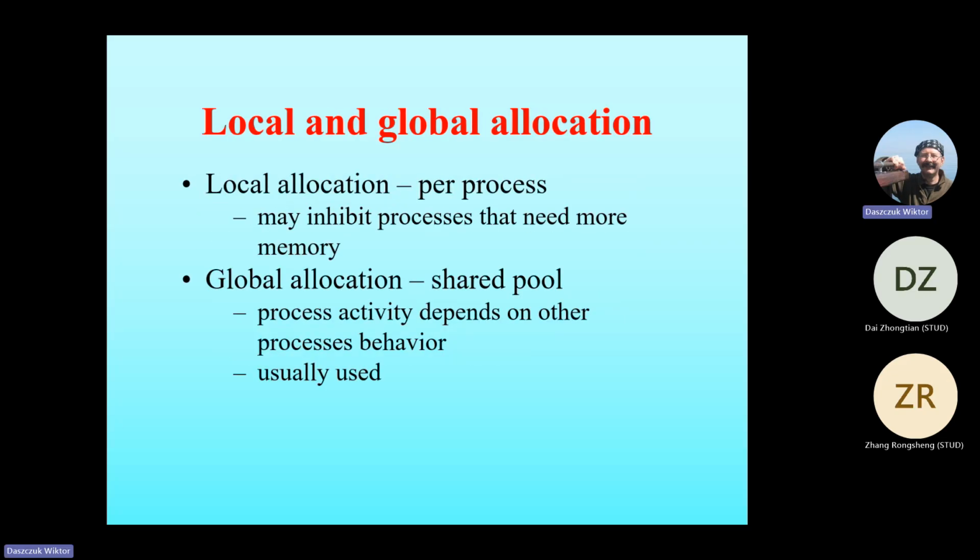Local and global. Local is a rule that every process has a set of its own frames, and a frame to swap out is searched in this private set. So it's local because it's private.